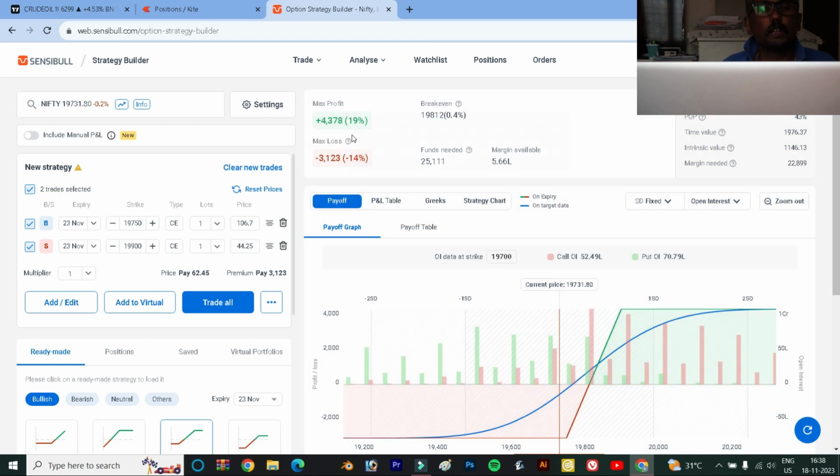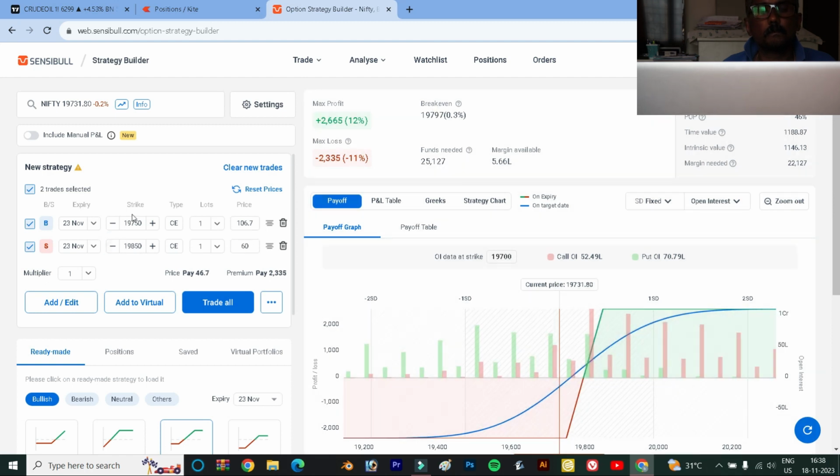So if I decrease the strike price, now the maximum profit is 4,000 and the maximum loss is, and the probability is increased to 43%.